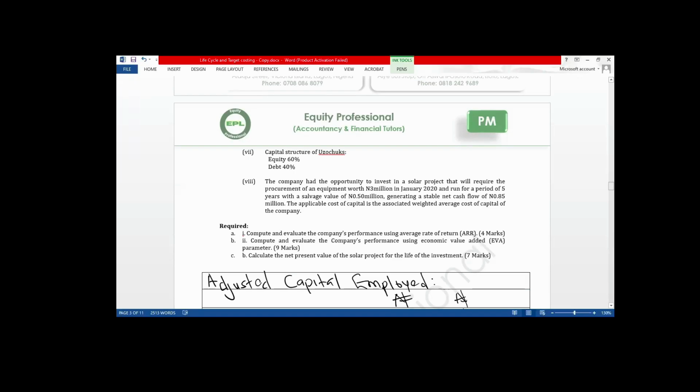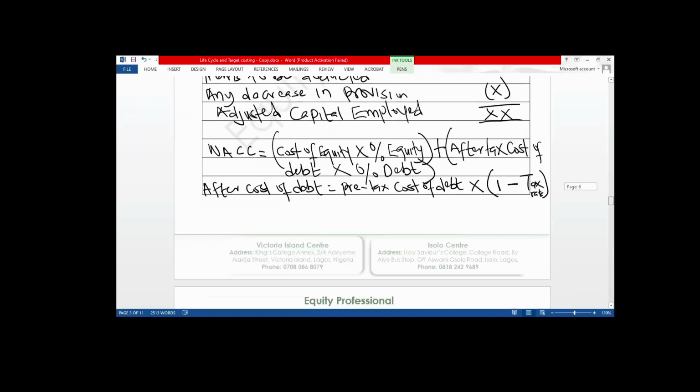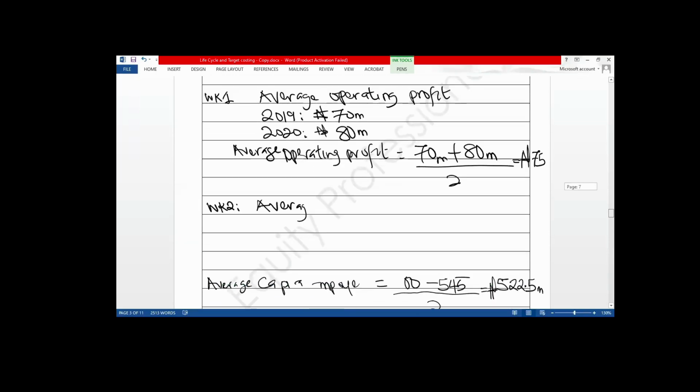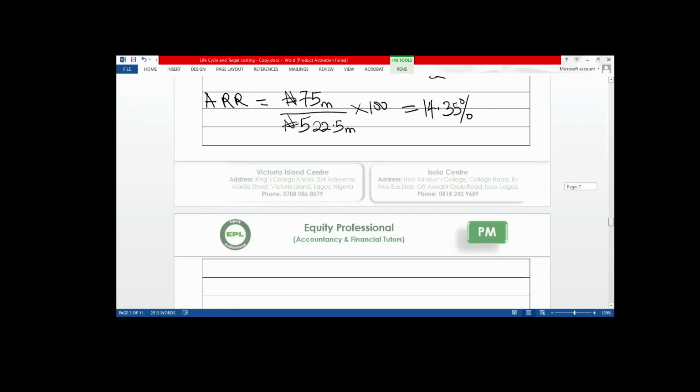If you are faced with a question of this nature, take the formula out to yourself. Requirement B, calculate economic value added.